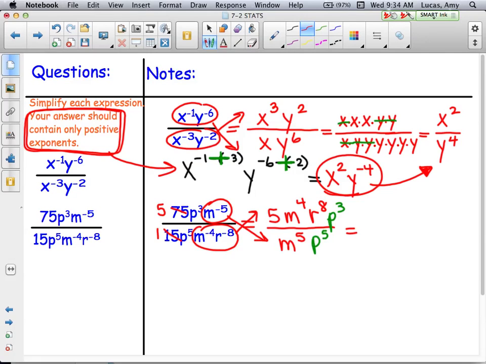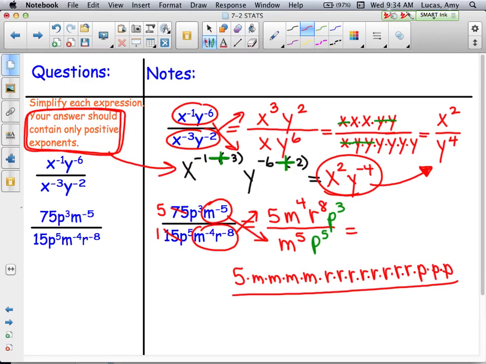Okay, now to simplify this, 5 M to the fourth, R to the eighth, P to the third, and then I've got M to the fifth.